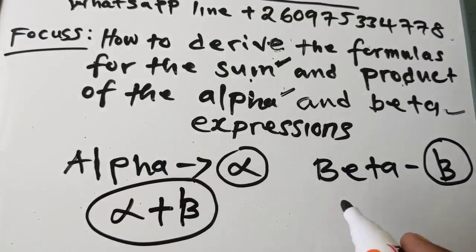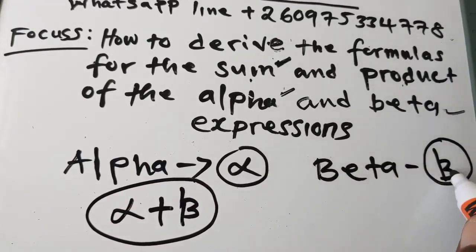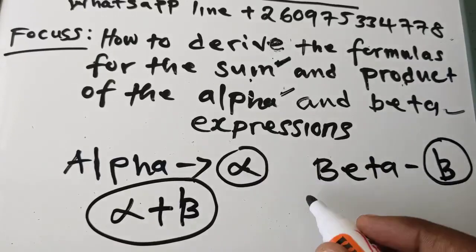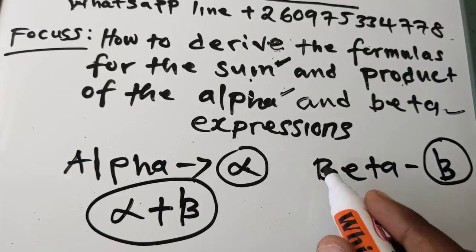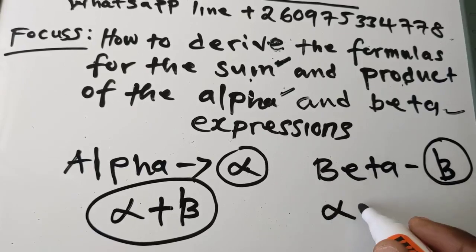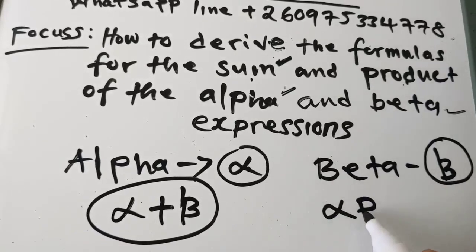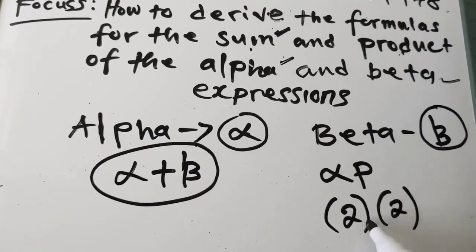Then the product, meaning that we are multiplying alpha and beta, like that. When two numbers are attached together, it means that they are multiplying, or when they are in brackets.